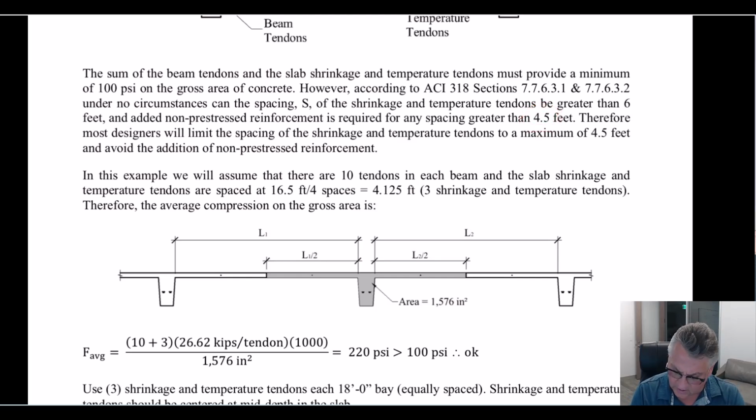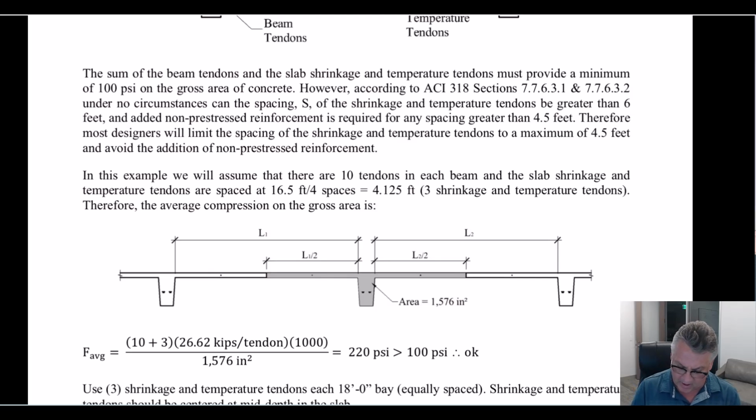Sorry, I'm going to restate that. Under no circumstances can you be greater than 6 feet. Anything greater than 4.5 feet requires added rebar. So, sorry I misstated that. There's no point in going to the 6 feet. We're just going to limit the temperature and shrinkage tendons to 4.5 feet on center.